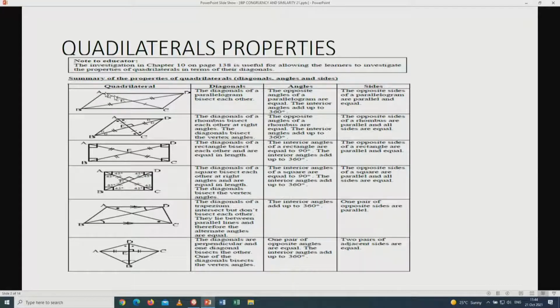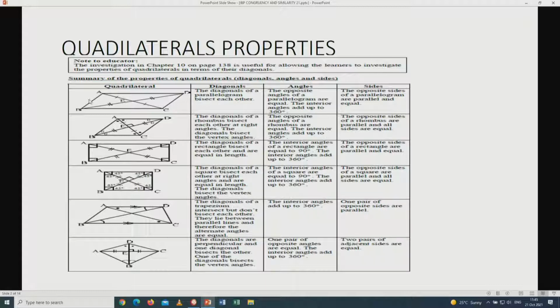Let's look at triangle AEB and triangle DEC. DE equals ED, AE equals EC. Two sides already equal.